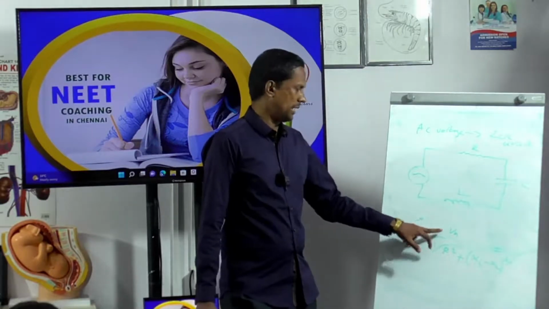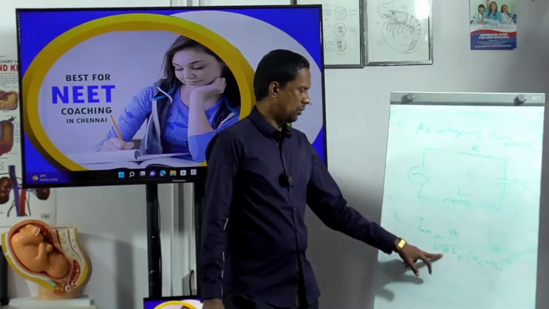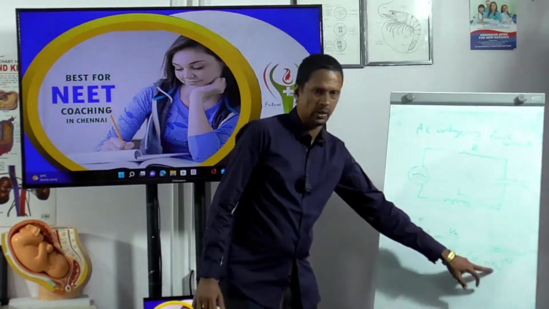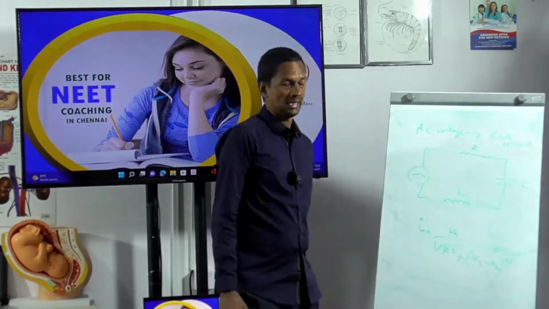So maximum voltage divided by maximum current is equal to root of R square plus XC minus XL, whole square.